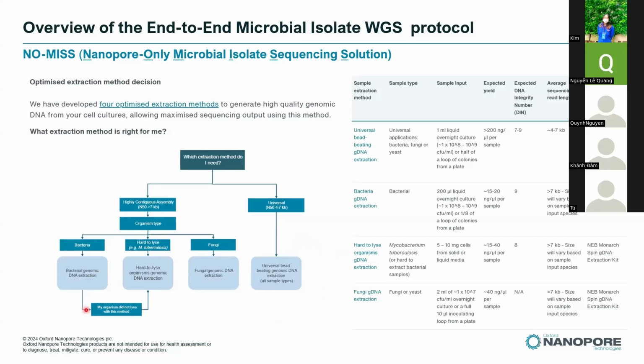However, if your research requires more than 7 kb, then depending on the sample you are working on, whether it's a bacteria, a very hard to lyse organism, or a fungi, we also have optimized protocols, and you can follow them accordingly to get high quality genomic DNA for sequencing.